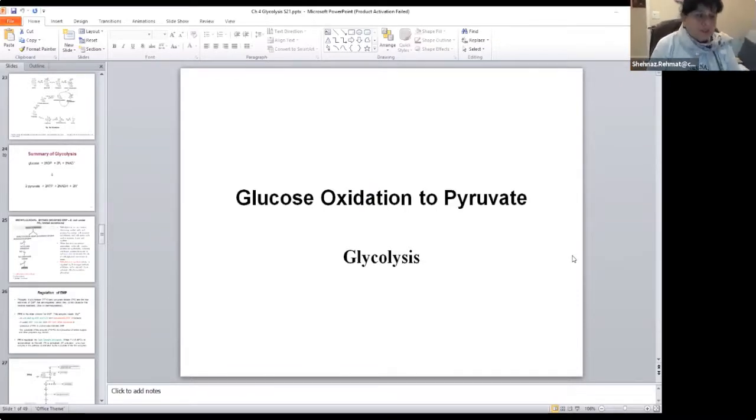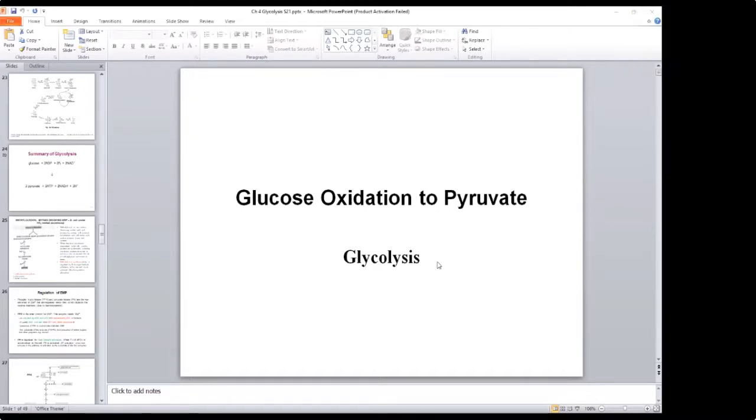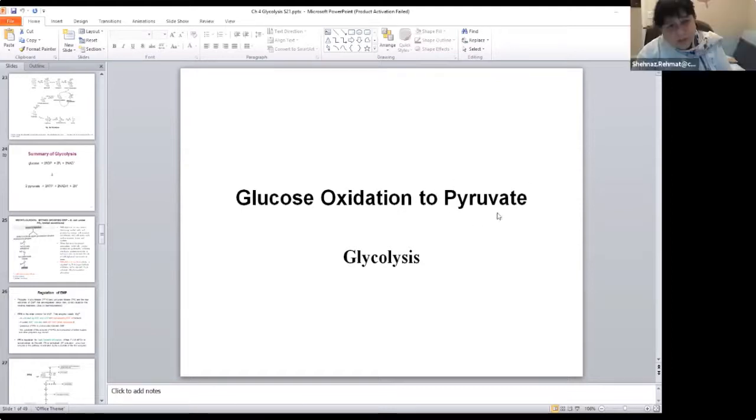How many of you know what glycolysis is? Anybody understands what the word glycolysis and the pathway which we call glycolysis is? Yes? Breakdown of glucose to make what? A 3-carbon compound?